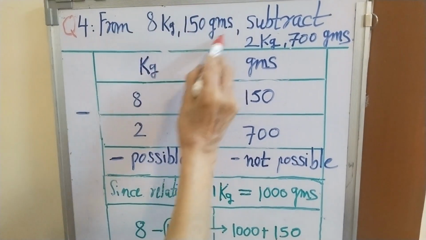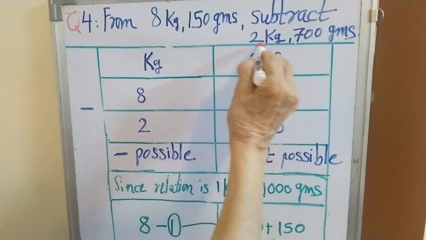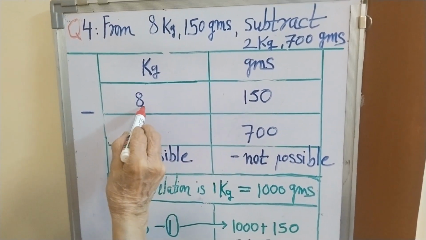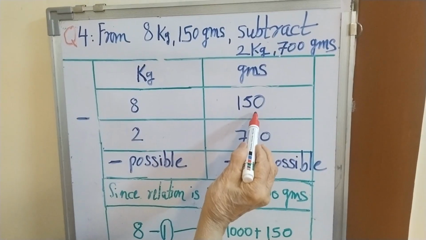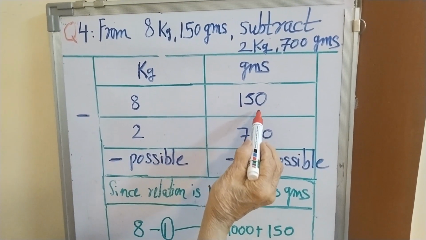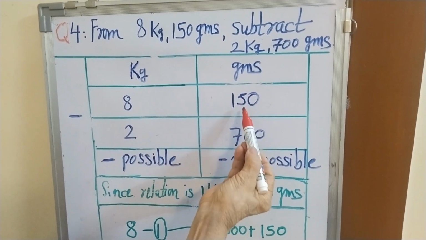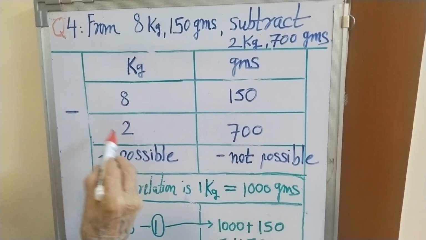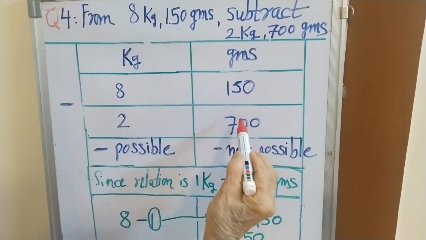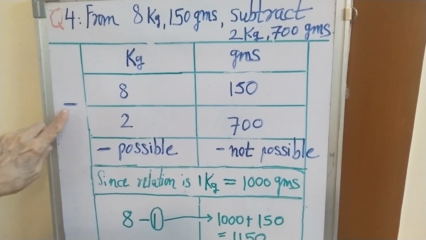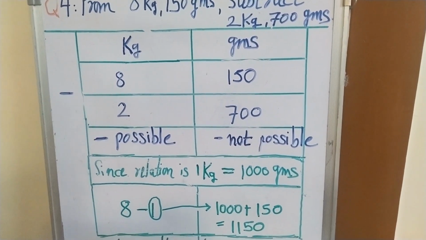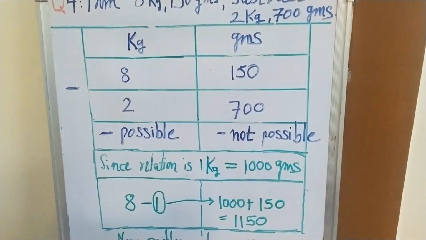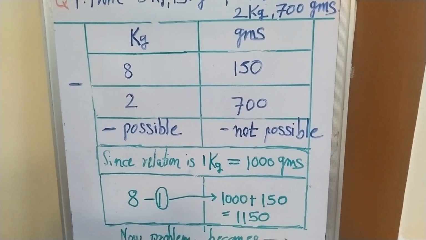Now from this amount, this has to be subtracted, means minus. So 8 kg 150 grams, we write like this, and then on the next line we will write 2 kg and 700 grams. Minus sign we have put here, and we have to subtract grams from grams and kg from kg.